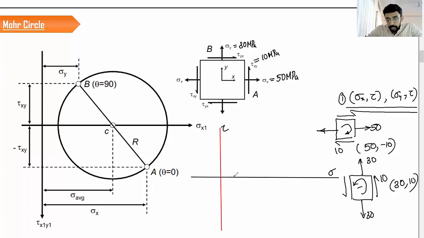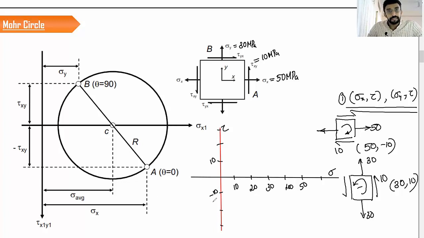So I'm going to give the same scales in the x-axis as well as the y-axis. If you are taking 1 centimeter equal to 10 Newton, then the same scale, 1 centimeter equal to 10 Newton, has to be adopted in the y-axis also. So this is how, and we are going to mark this 10, 30, 50. All these things will be there. Similarly, this is plus 10, this is minus 10, like this.